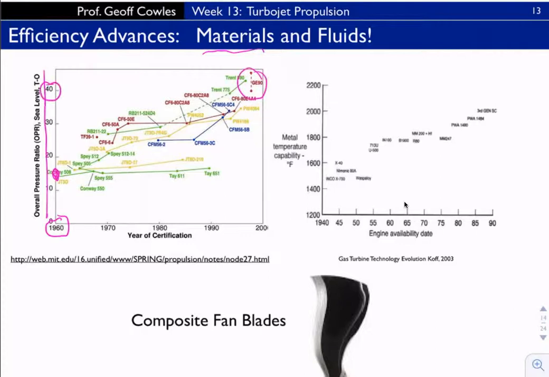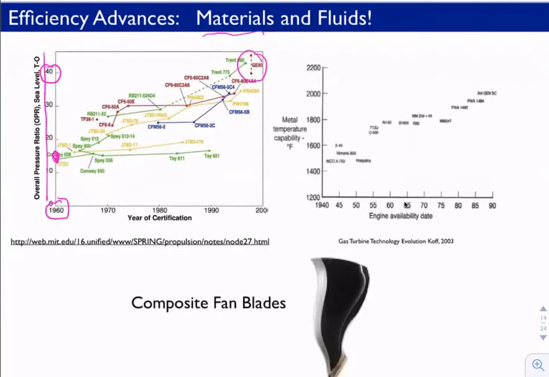And this has given rise to much higher efficiencies, but with higher pressure rise comes higher temperatures. And so to withstand these temperatures and the loads on these things, they had to come up with new materials that can handle the temperatures and the forces acting on them. Composites, big. Ceramics, big.